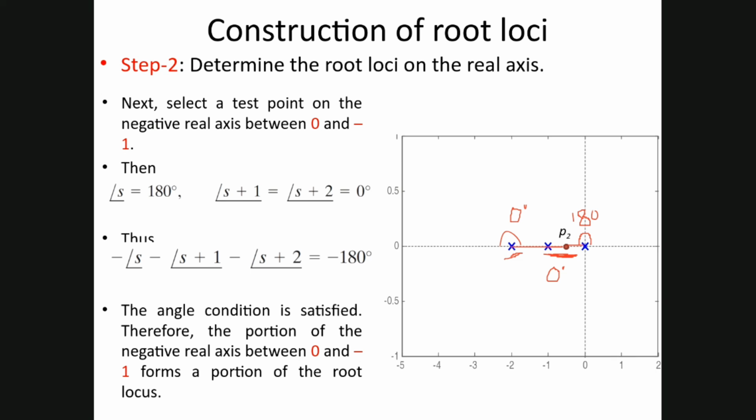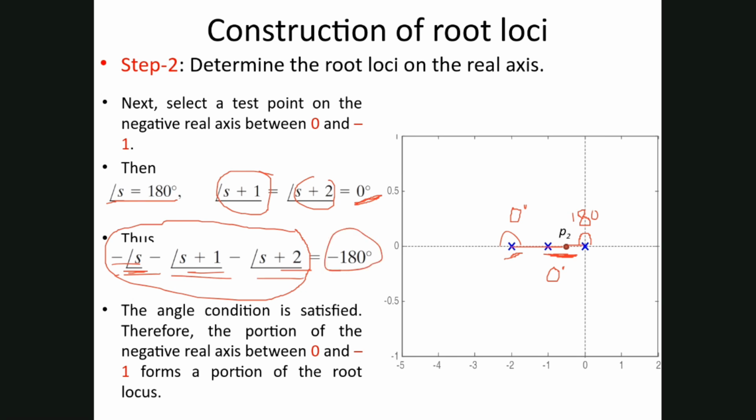So one is 180 degrees, the angle made by the 0 pole at minus 1, and the minus 1 and minus 2 poles give 0 degrees. This is how we are going to check the angle criteria: sum up all the pole angles with a negative sign. So this is minus 180 degrees, minus 0, and minus 0, which equals minus 180 degrees.